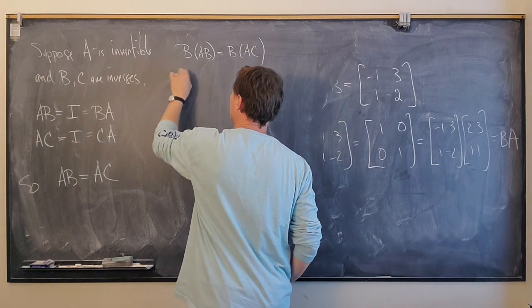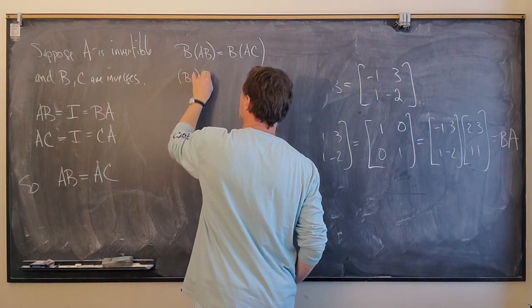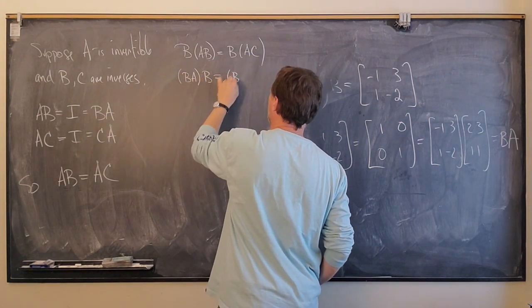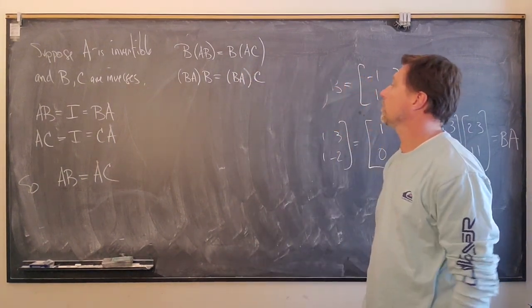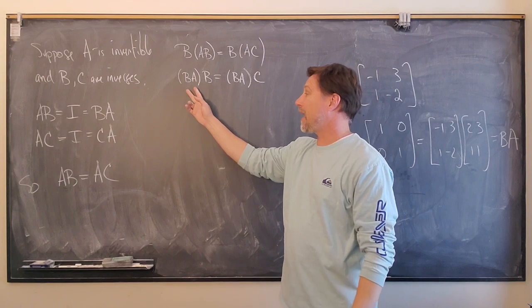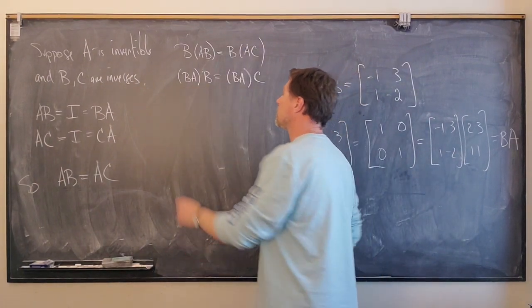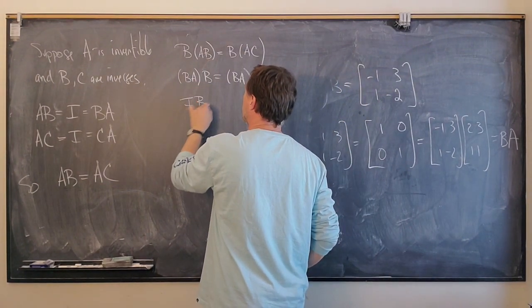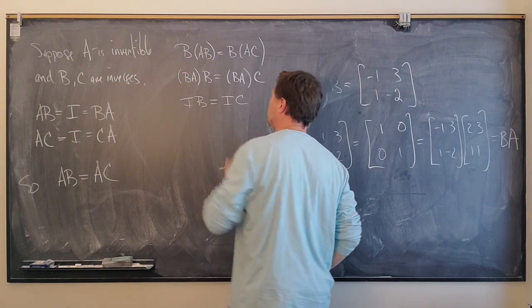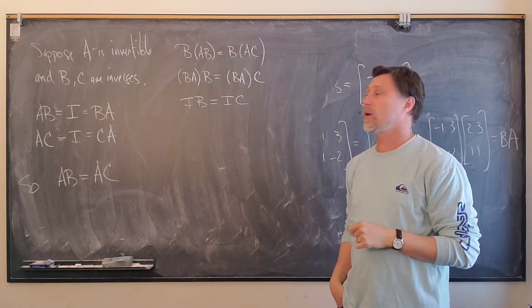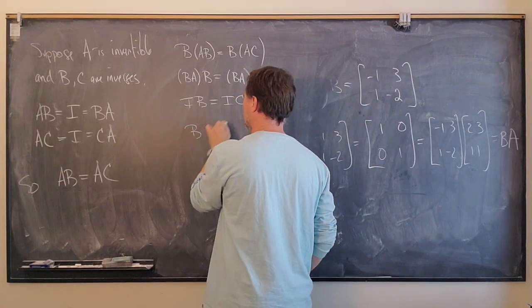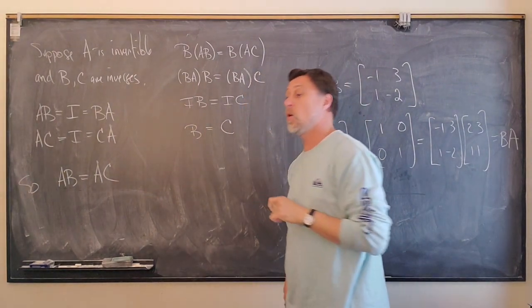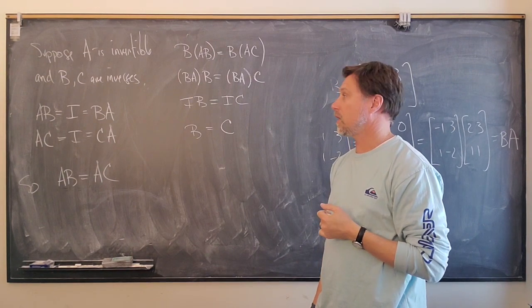So that would mean that BA times B equals BA times C. Now, what do we know about BA? Well, BA is the identity. So now we have I times B equals I times C. But wait, I times B is B. I times C is C. So what this shows us is that B is equal to C.